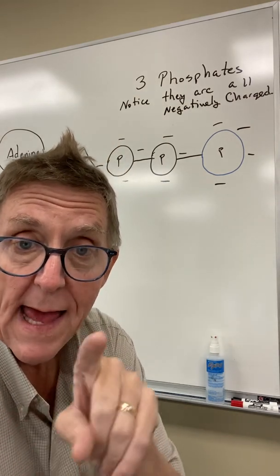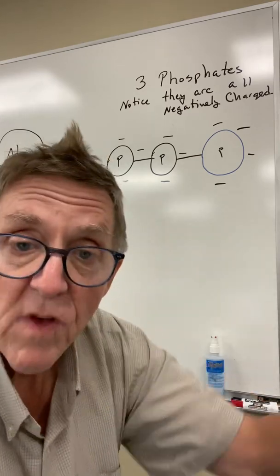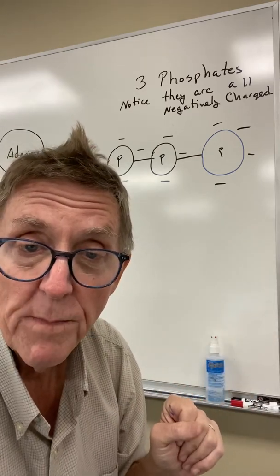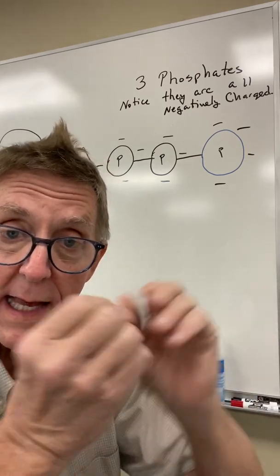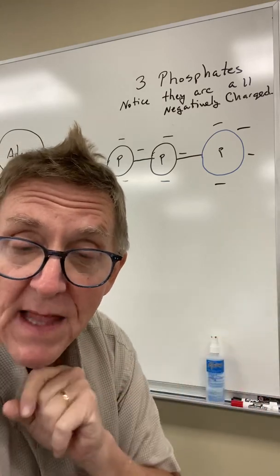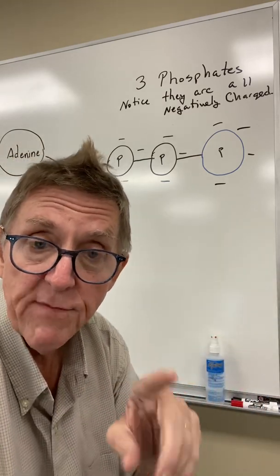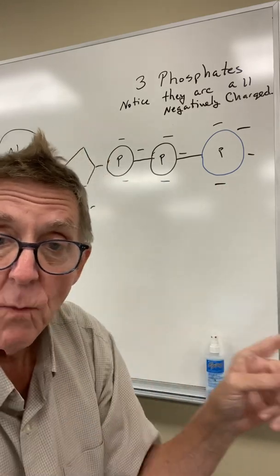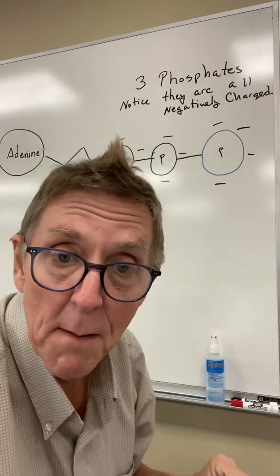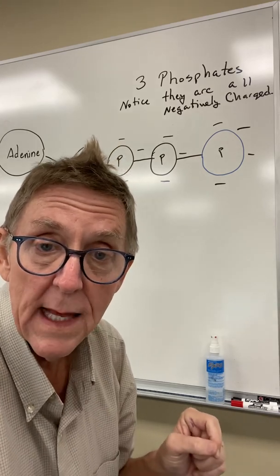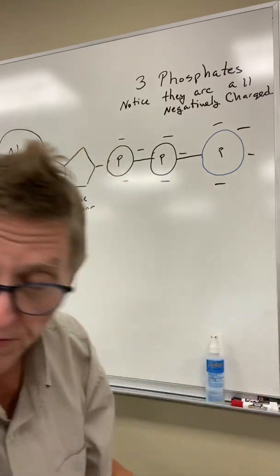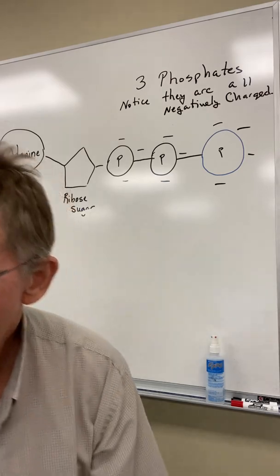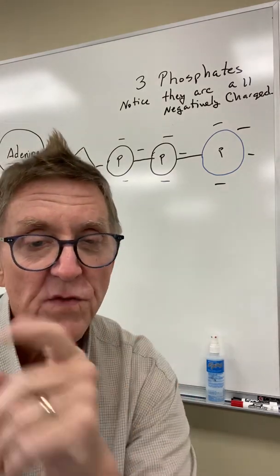This now ATP goes off somewhere and does work. And when it does work, it releases that energy by popping that phosphate off, and we're left with ADP plus a phosphate. And what do they do? They go find the mitochondria and do it again. So it's a cycle. And so it's a short-term energy.